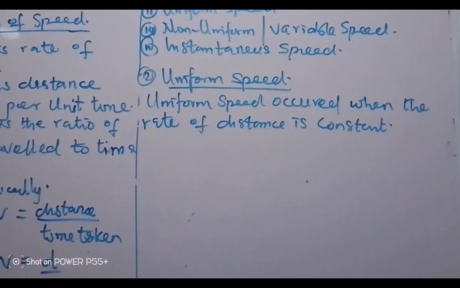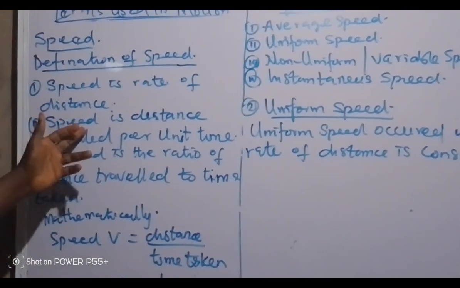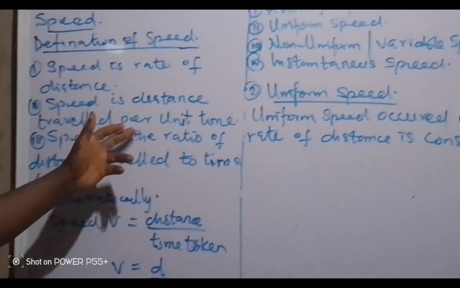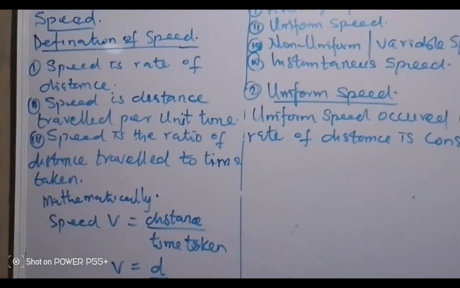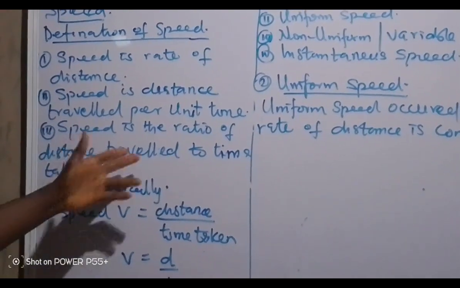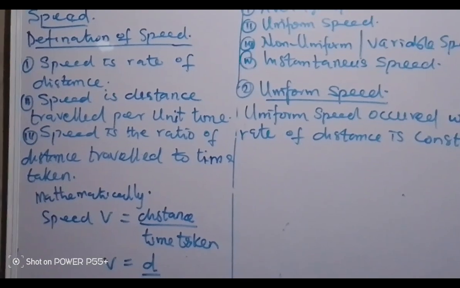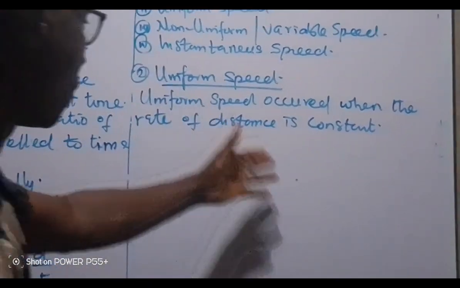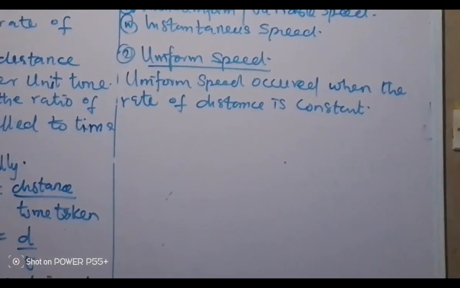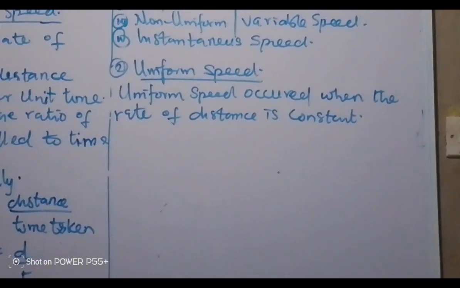Now from here, if you want to use the second definition, you can say uniform speed occurs when the distance traveled per unit time is constant. Or if you want to use the third definition, we say it occurs when the ratio of distance traveled to time taken is constant. Well, because of time, let's stick to this one for uniform speed. That is, it occurs when the rate of distance is constant. That is, as the distance is increasing, time also will be increasing at the same rate.